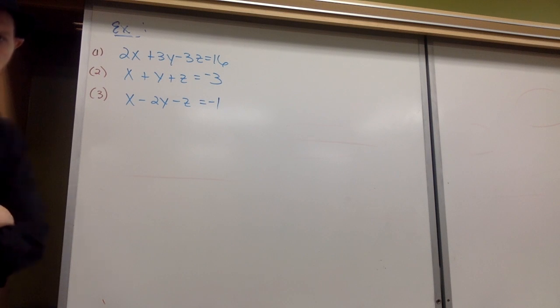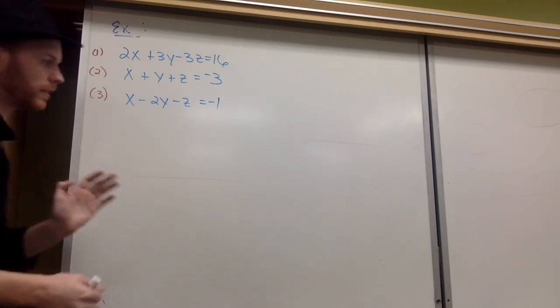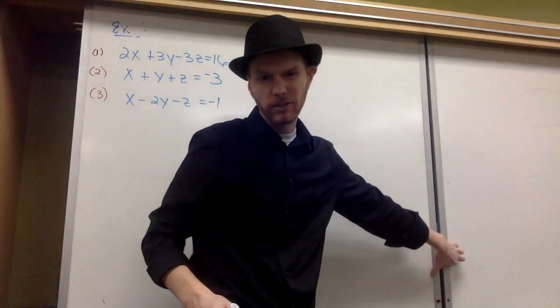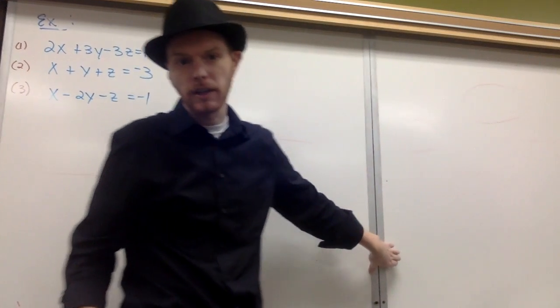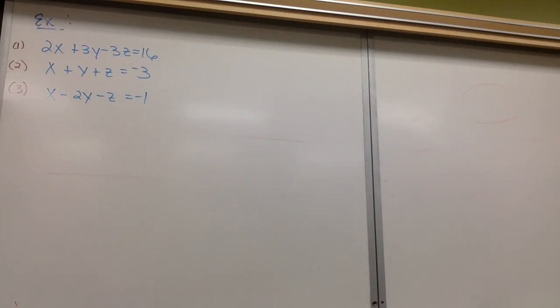So we've got to pick two equations, and one of them we might have to multiply, but we want to get rid of a variable, and it's your choice what you want to get rid of. I don't think we have to search too far. I don't know if you can see it, but if I add these two equations, you see how z could cancel out? So let's try that out, okay?